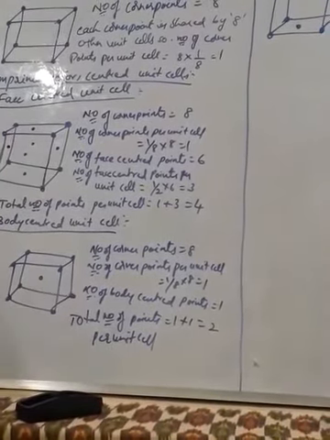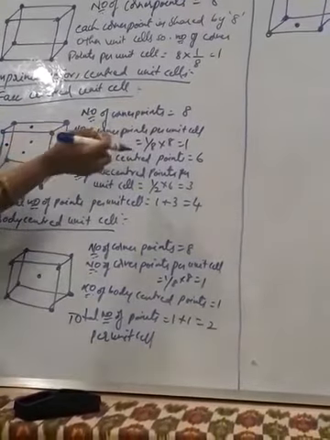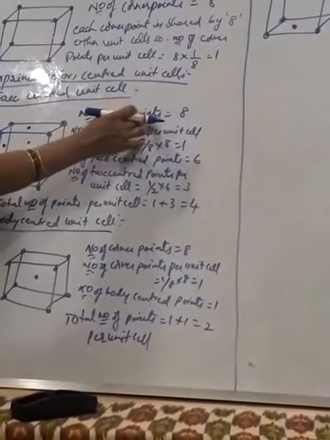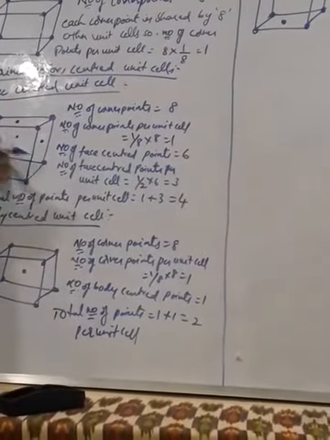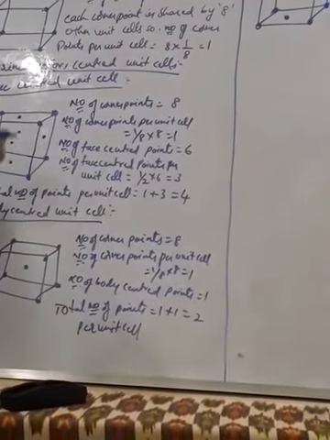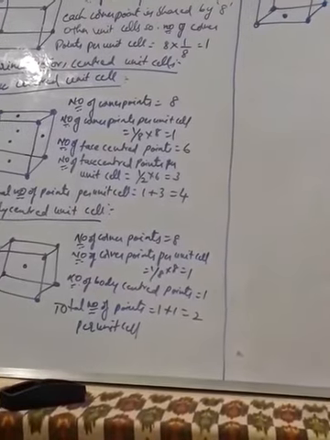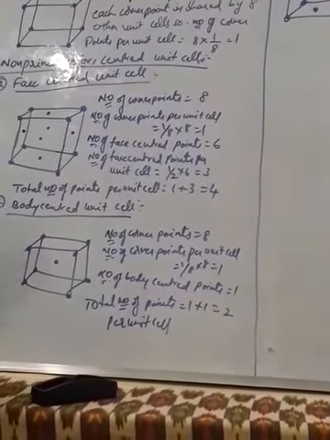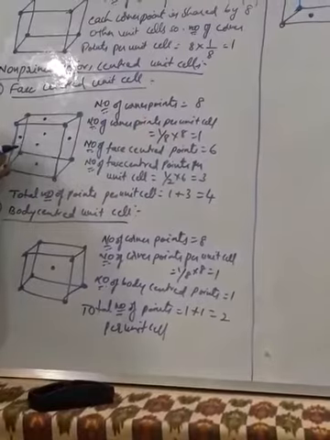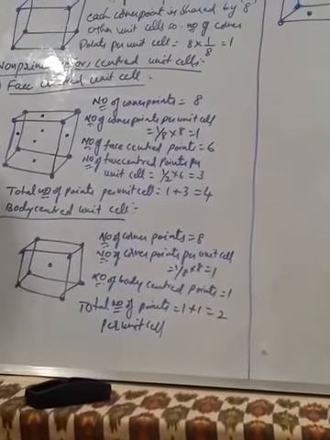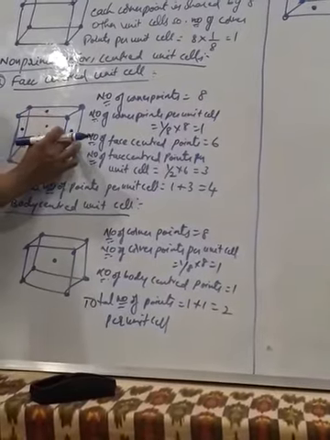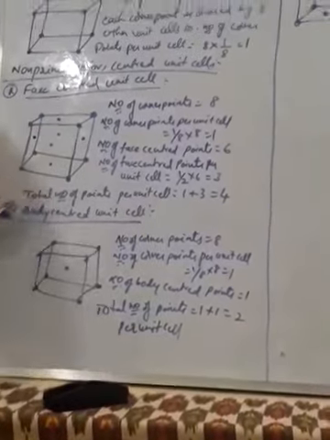Okay, so you already know about corner points. The number of corner points is 8, but actually only one corner point belongs to that particular unit cell. Why? Because each and every corner point is shared by 8 other unit cells. That's why only one point belongs to this. Then coming to face centered points, totally 6 points are there. Each face centered point is shared by 2 other unit cells.